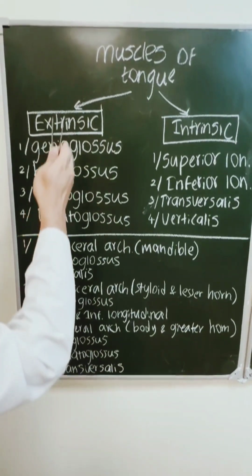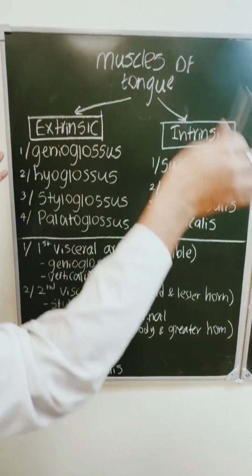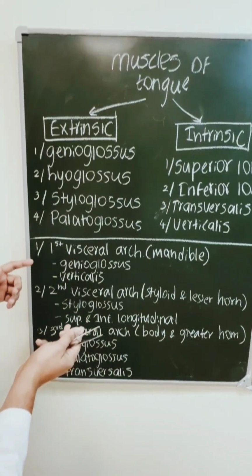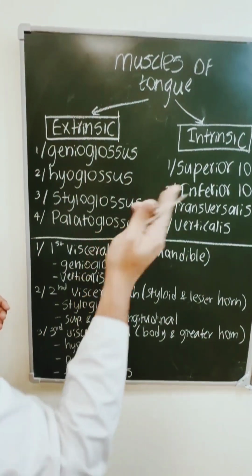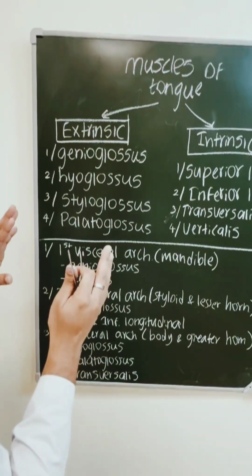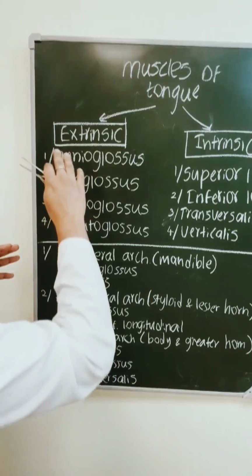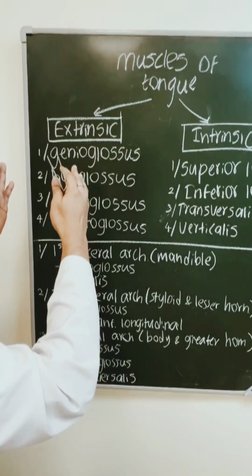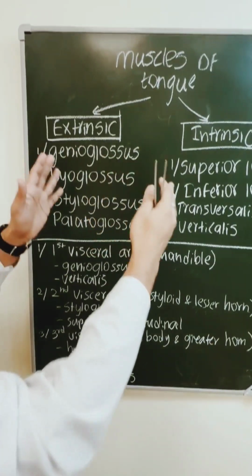As the extrinsic muscles have connections outside of the tongue, which are basically bones, more specifically the styloid process, hyoid bone, and mandible, their contractions result in a change of position.